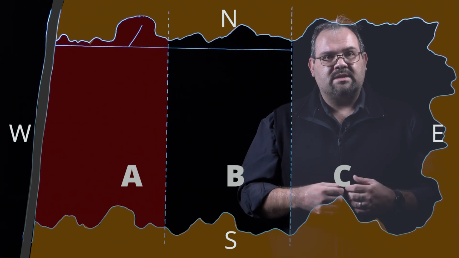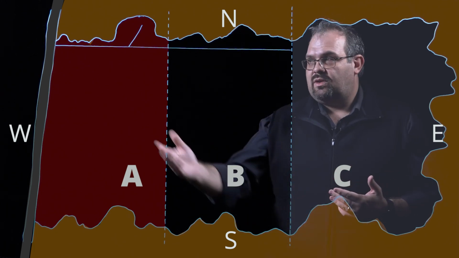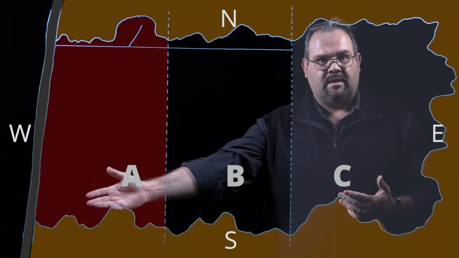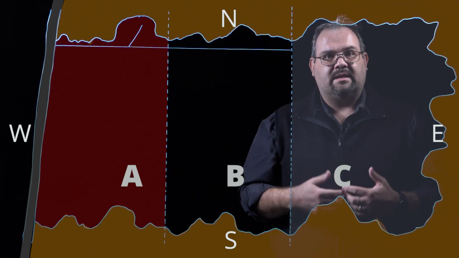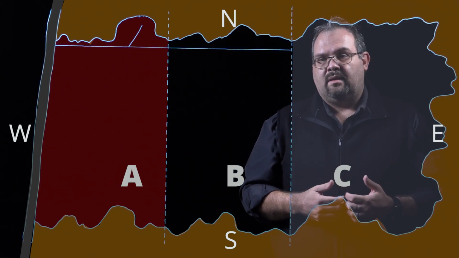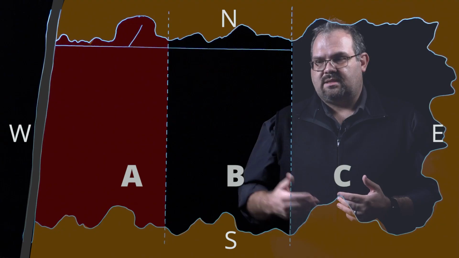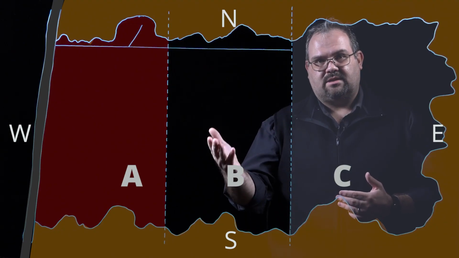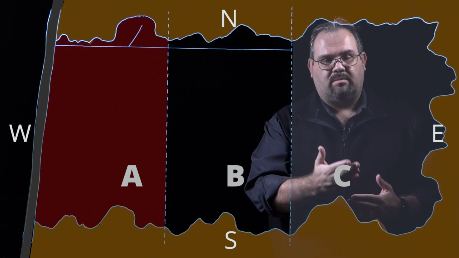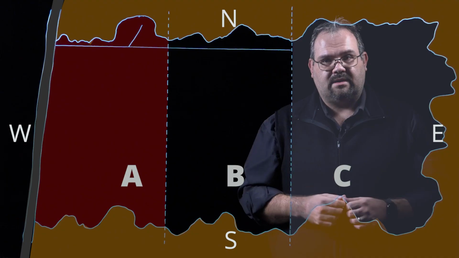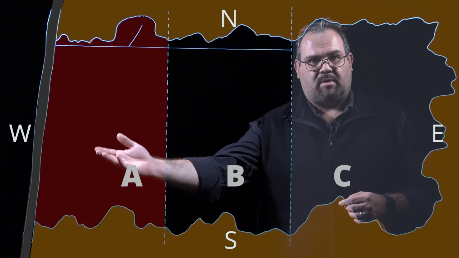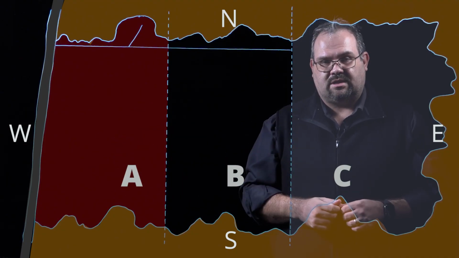Why? Because it needs access to the highway in the west. So therefore, it is the dominant tenement. But this means that property B is the servient tenement to property C's dominant tenement, and property A is also a servient tenement.